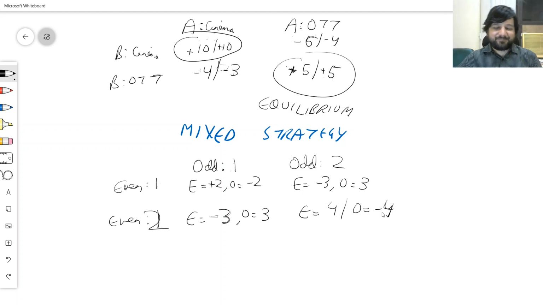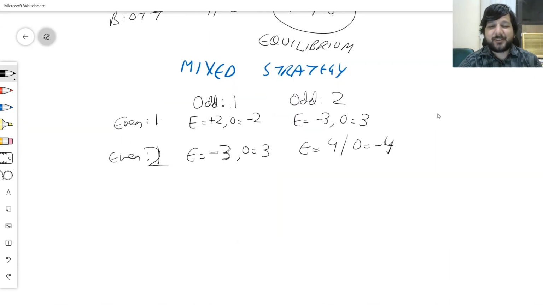Now I need to be able to solve this, and there's no pure strategy that will work. I cannot say whether 1 is best or 2 is best. There's no clear strategy, and therefore I need to solve and get an output which is a mixed strategy.